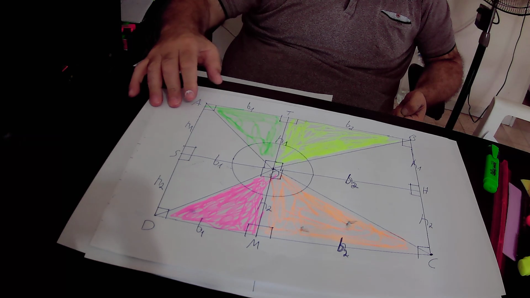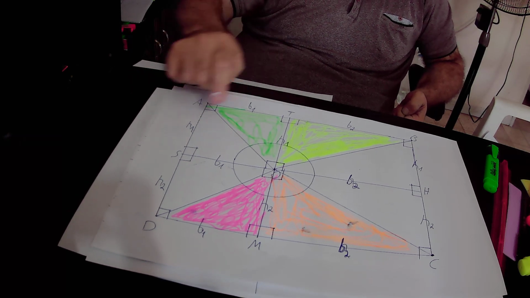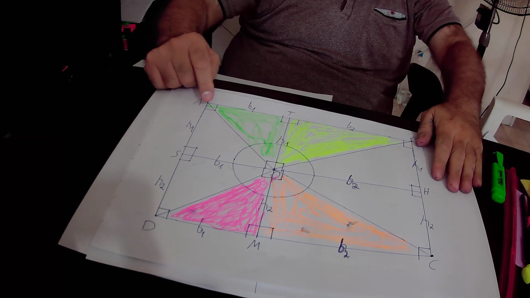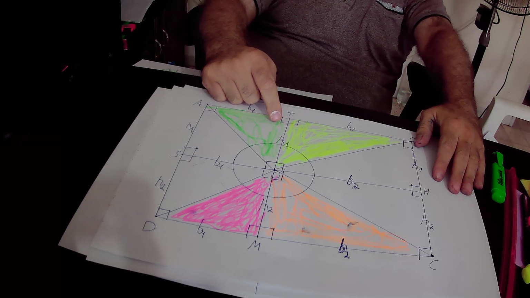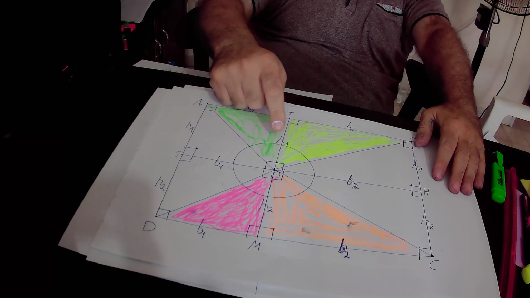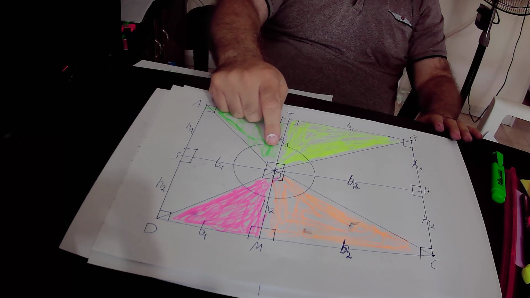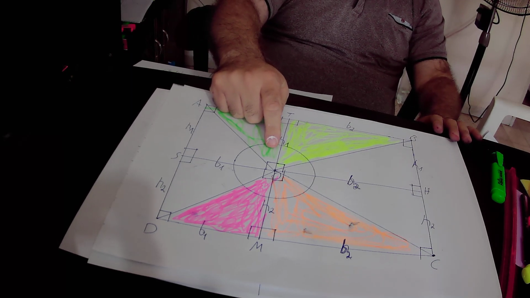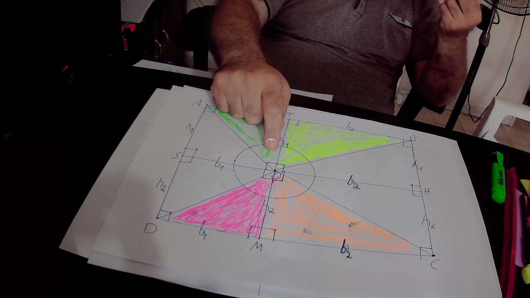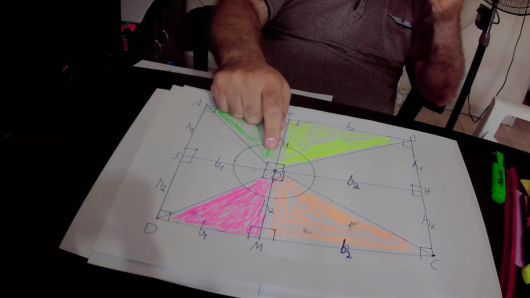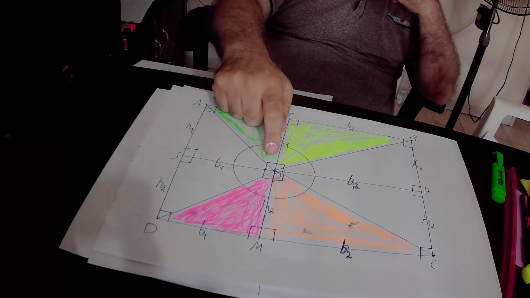Then in quadrangle ATSO we have 1, 2, 3 right angles. The sum of 3 right angles is 270 degrees plus the fourth angle. In total they must equal 360 degrees according to the rule that the sum of the angles in any quadrangle is equal to 360 degrees.